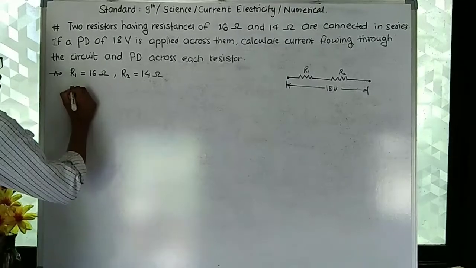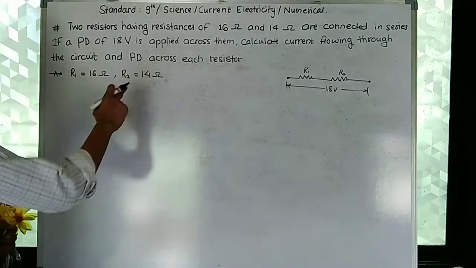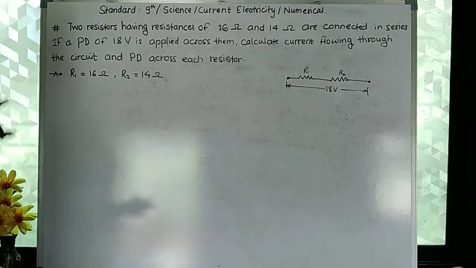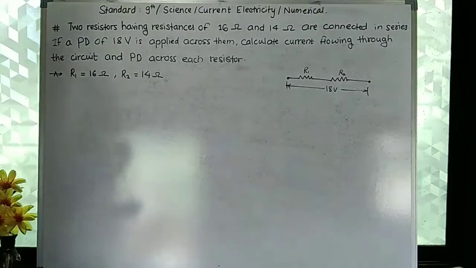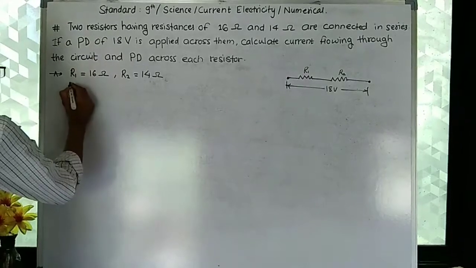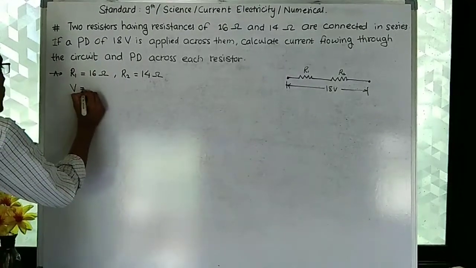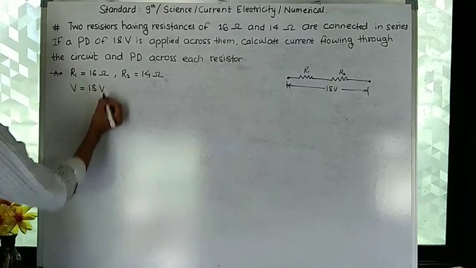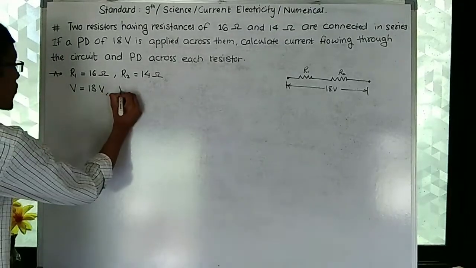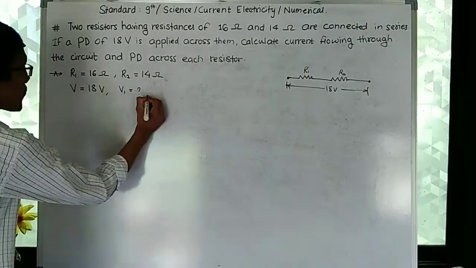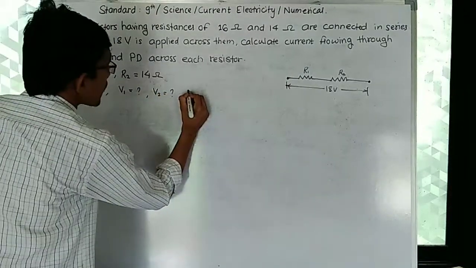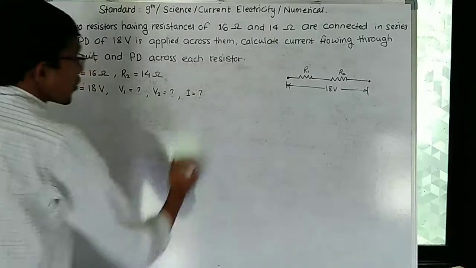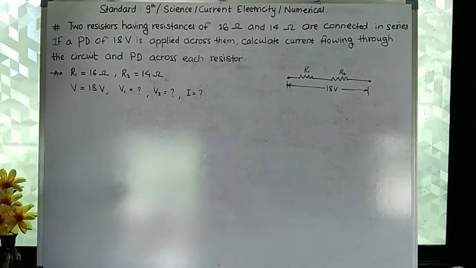So we have to calculate the current that is flowing in the circuit and the potential difference for R1 and for R2. Effective potential difference, that is V, is given to us, that is 18 volt. What we have to find is the value of V1, V2, and the value of current I, so we will be finding that.